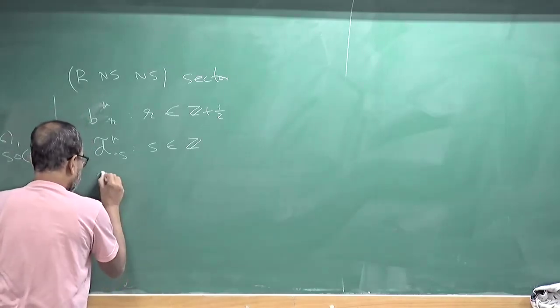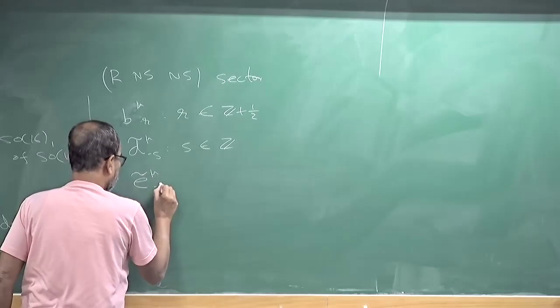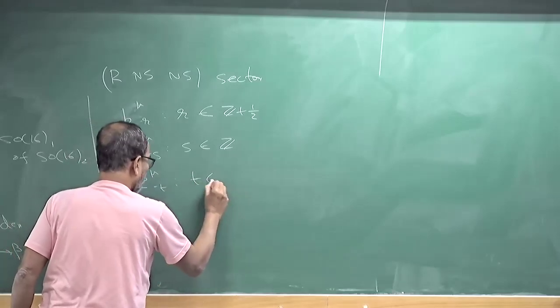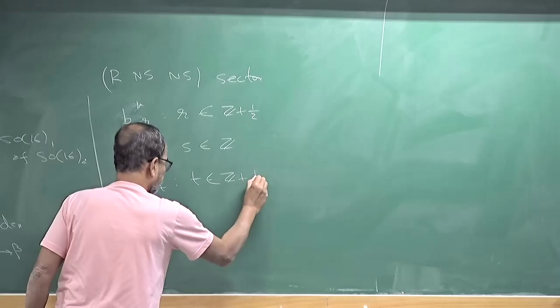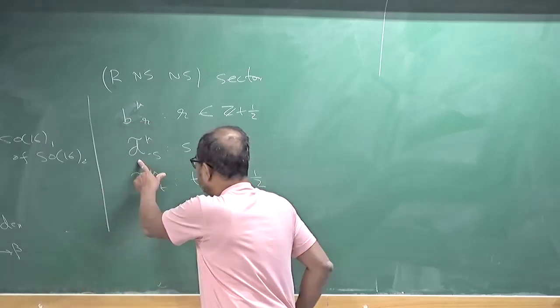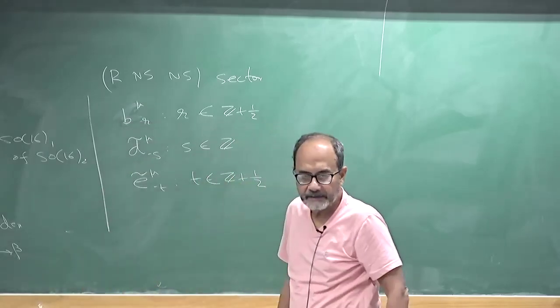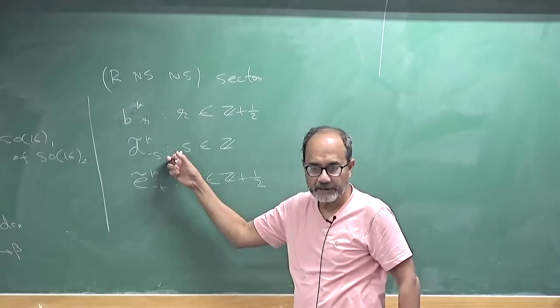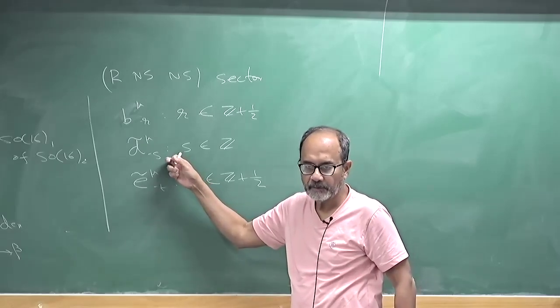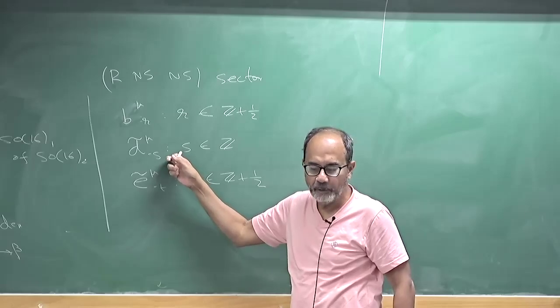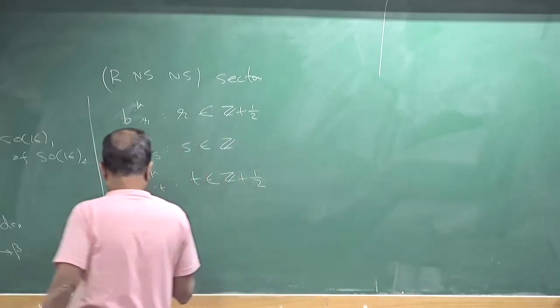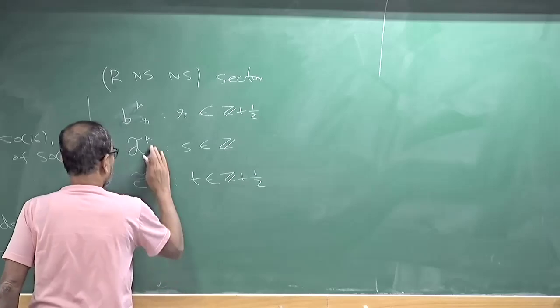And e tilde mu minus t, t will belong to Z plus half. Because this one has integer index, this is a Ramond sector, which means that there is a zero mode. D not mu.